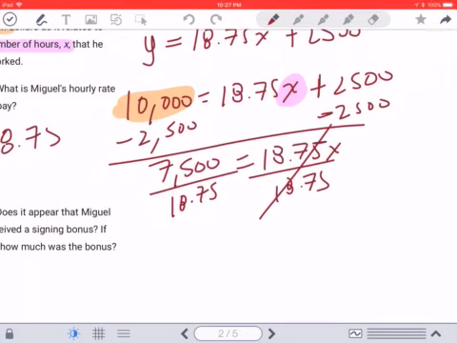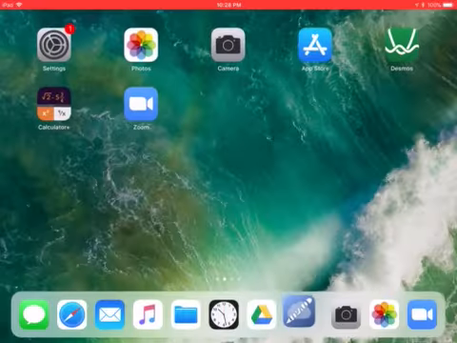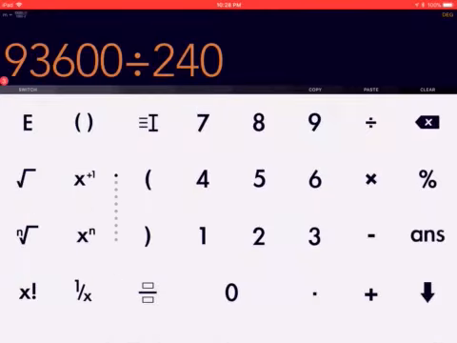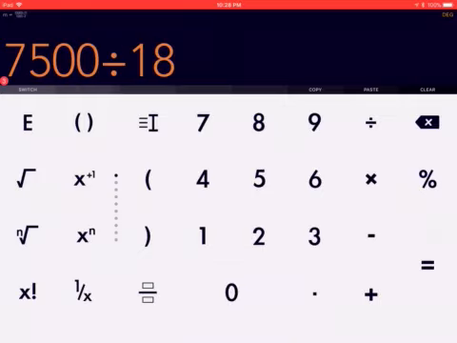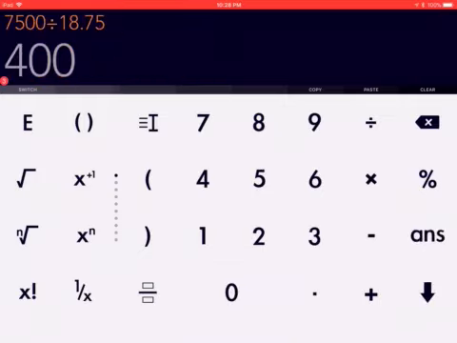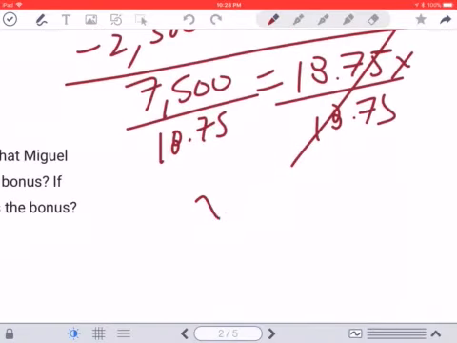Where'd my calculator go? There it is. Okay, so this is going to be 7,500 divided by 18.75, and he's going to have to work 400 hours. Okay, so x would equal 400.